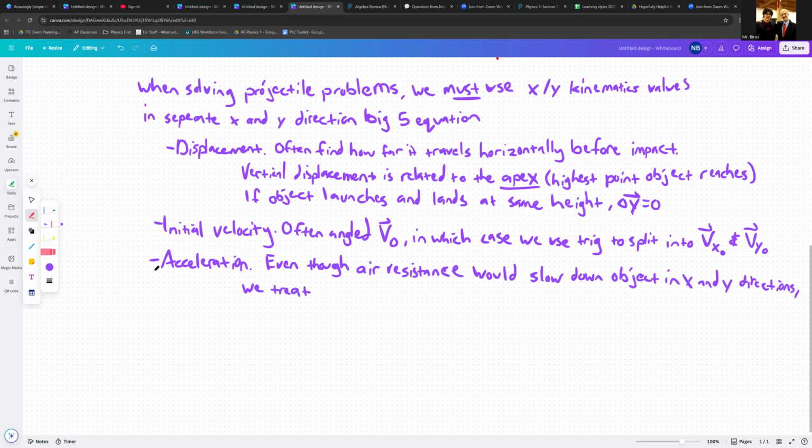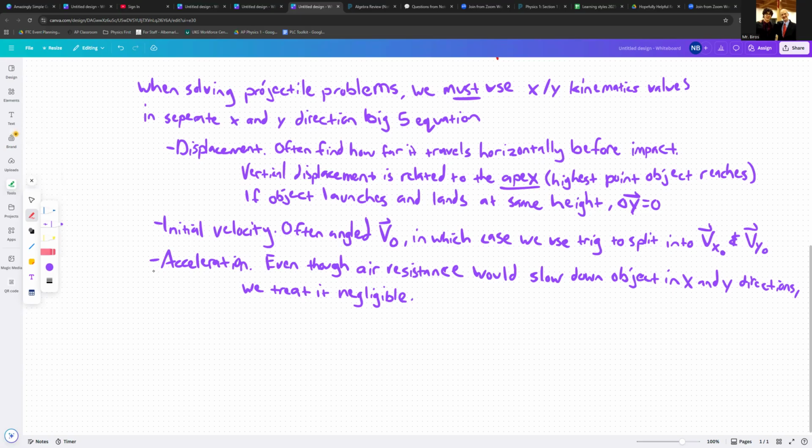The word negligible just means so small that we can ignore it or treat it like it doesn't exist. That's what we do with air resistance. We say, well, there is some amount of slowing down due to air resistance in the x and the y directions, but it's relatively small enough that we can pretend it doesn't exist or treat it as negligible.